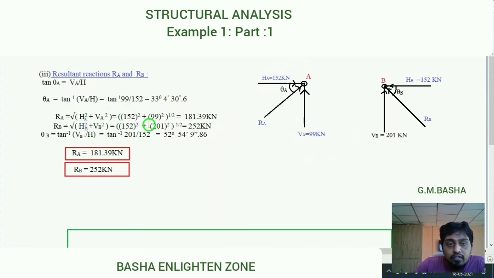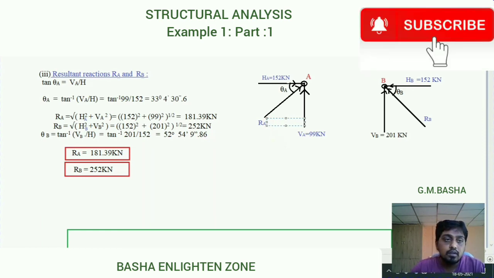If you simplify this using a calculator, you will directly get the value of 181.39 kilonewton. So please write down directly here 181.39, which I am taking as 181 kilonewton.